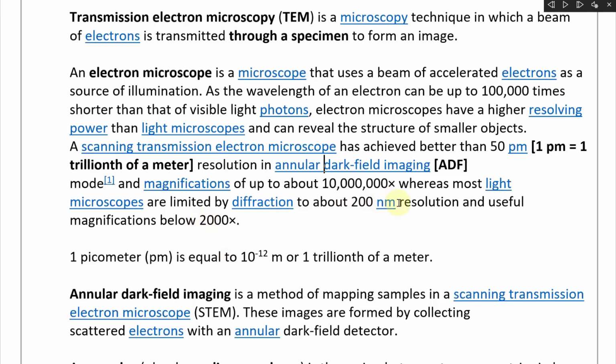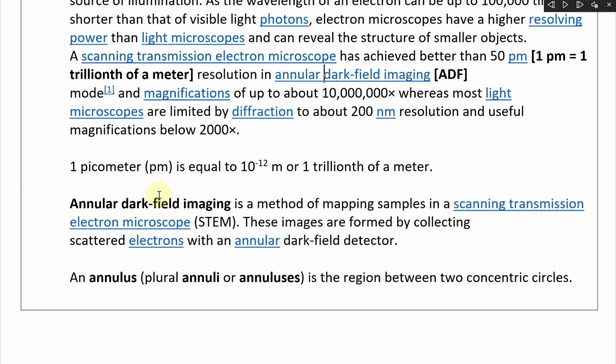So this is 200 billionths of a meter. This one's 50 trillionths of a meter. And this is 10 million x magnification, and then light is 2000x. A picometer is equal to 10 to the negative 12 meters, or one trillionth of a meter.